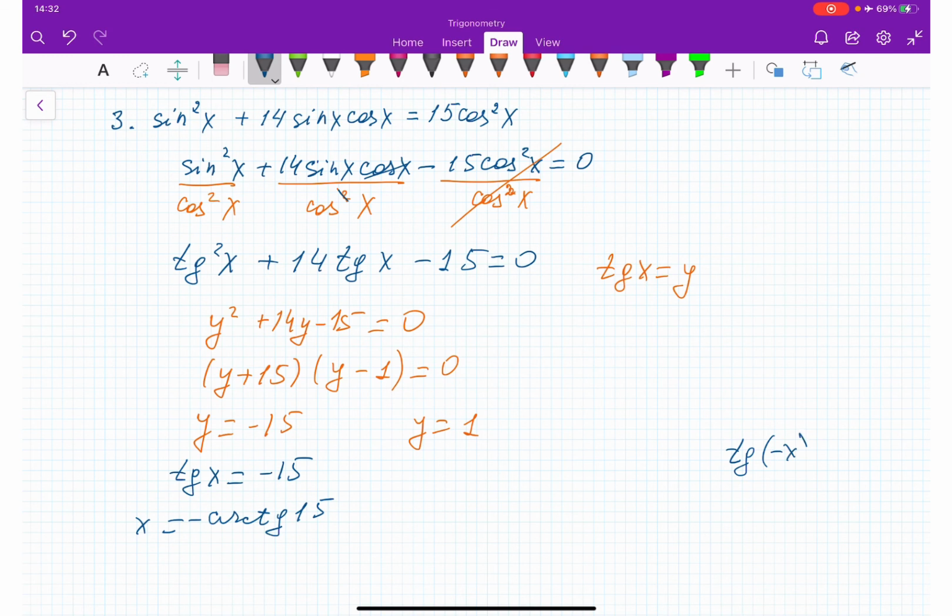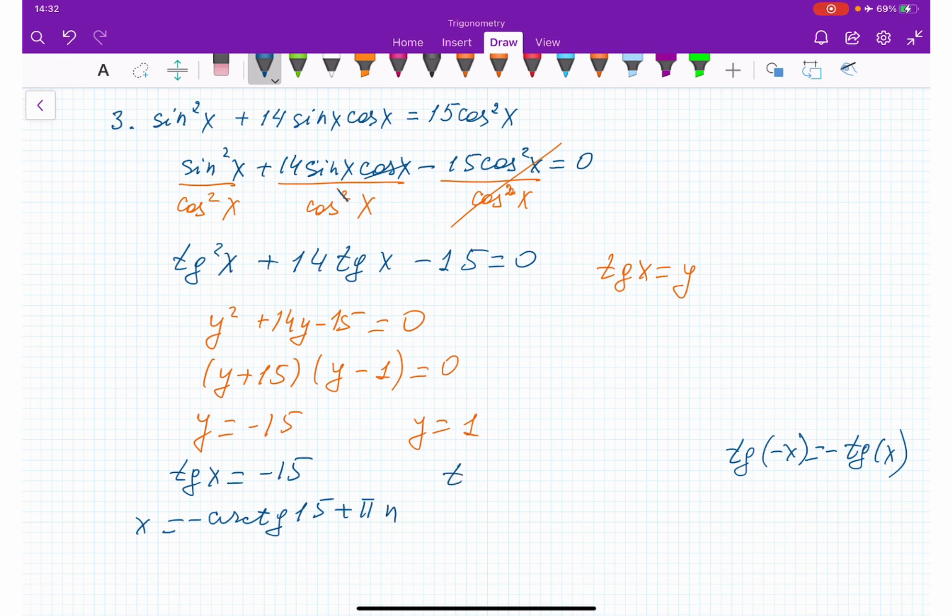Tangent of negative x equals negative tangent x. The same way cotangent also. Therefore, we had tangent of negative 15, so we just moved the negative out. We got negative arctangent 15 plus pi n, right?